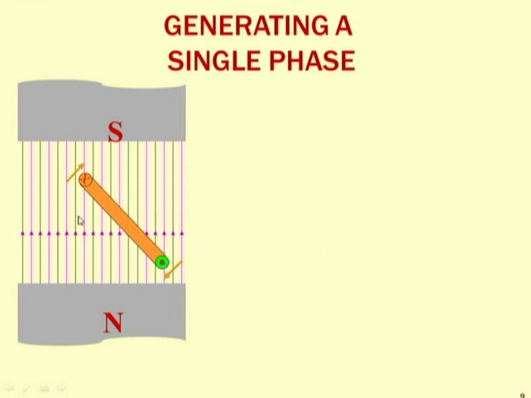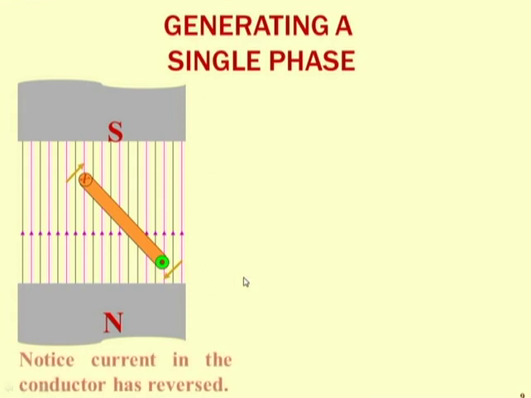The difference is because now the conductor changes its position. In the earlier case this end was moving toward the N pole, and in this case the same end is moving toward the S pole. The end which is moving toward the N pole will give you the positive voltage, but this was the negative end and it is now moving toward the N pole. So you can say that here the current direction is changed.